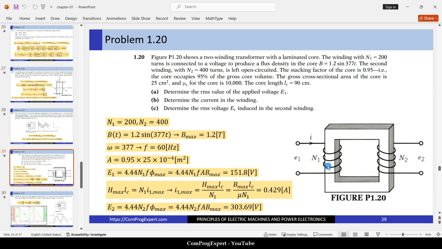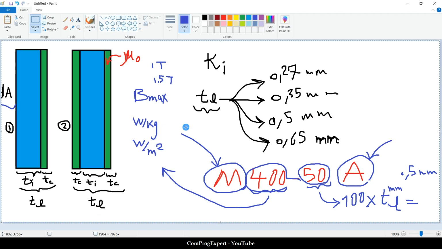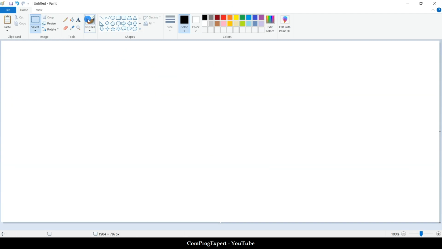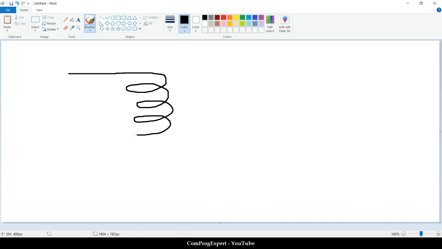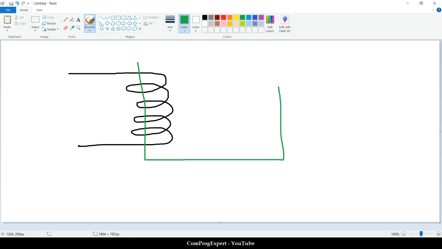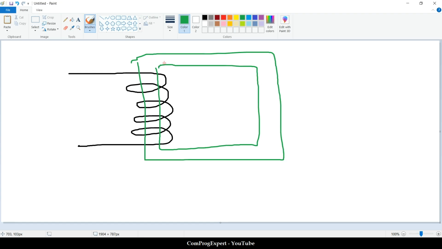You know, for one core problem, in general, we have this equation. So this is the coil, okay, and this is one core that we have. So we can write this equation. If we apply this voltage V, this is the current.